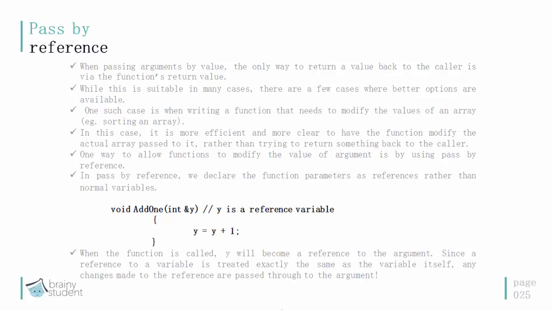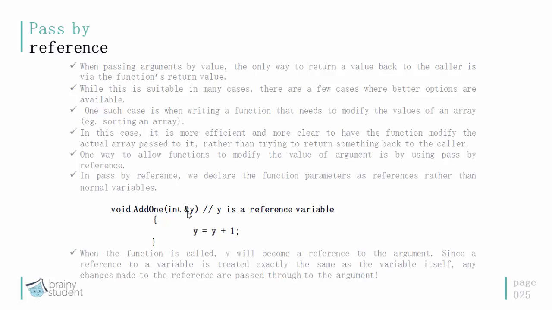Instead of taking a normal variable, that function as a parameter will take a reference variable. So this is my function. This function will not return anything, so I'm writing void. This add one is my function name, and as you can see, the parameter list is only having one parameter, and that is also not a normal variable. It is an integer type reference variable.